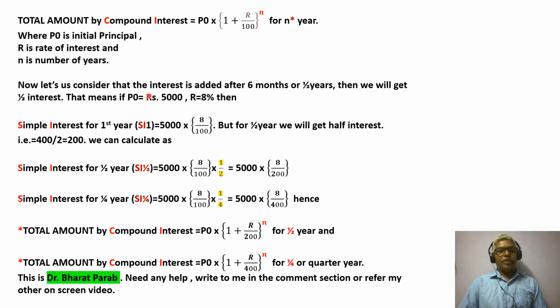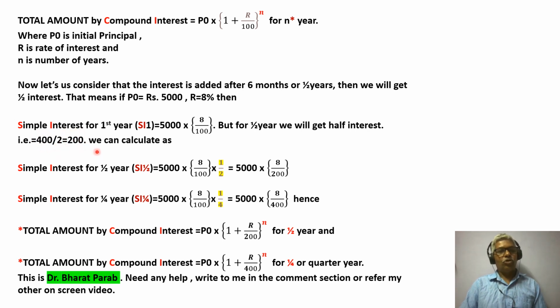Now let us consider that interest is added after 6 months or half years. Then we will get half interest. That means if P0 is 5000, R is 8%, then simple interest for the first year will be 5000 into 8 upon 100. For half year we will get half interest. For a full year we are getting 400, then 400 divided by 2 will get only 200 rupees.